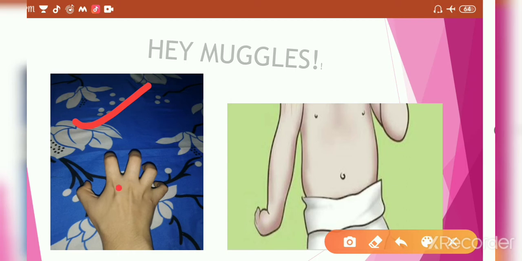Right, here we have metacarpals, right? So these metacarpals with the phalanges, these are your phalanges. So the metacarpophalangeal joint here, these joints are in hyperextension, right?